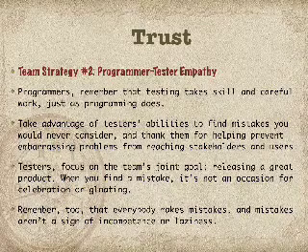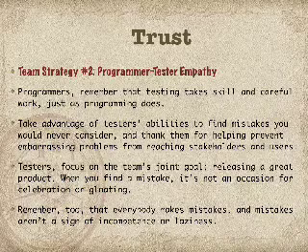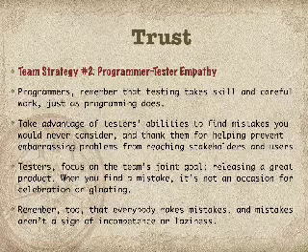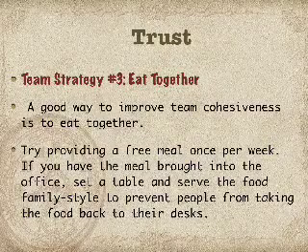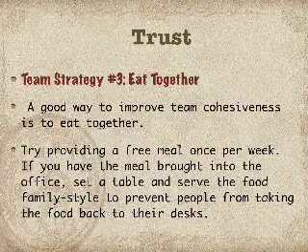And also remember that everybody makes mistakes, and mistakes are not a sign of incompetence or laziness. It was because the programmer had a different perspective when they started developing it, and the tester has a different perspective. The third important strategy is eating together.